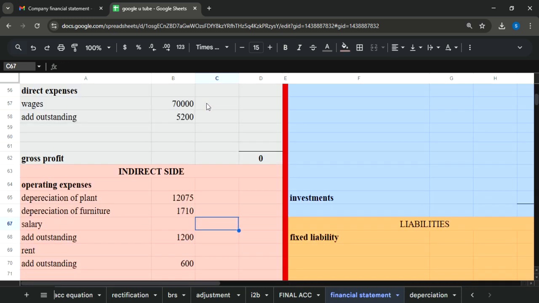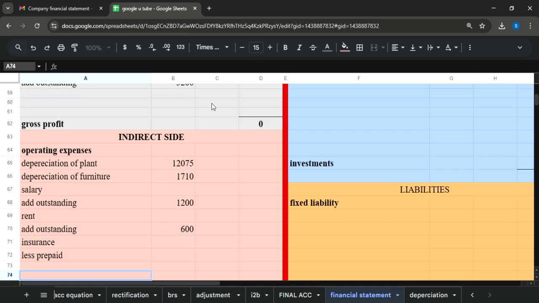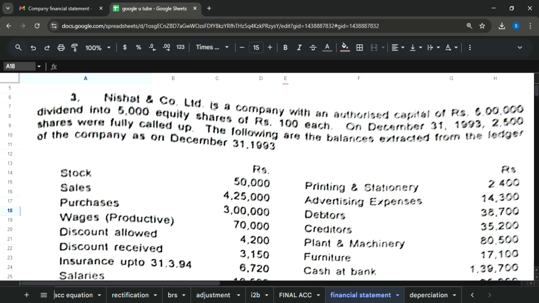This is part of operating expenses, where you will write insurance first and then subtract any sort of prepaid. And how do you know it's prepaid? Because I have told you that insurance is paid for the next year as well, but just for 3 months. 6720 is the amount.